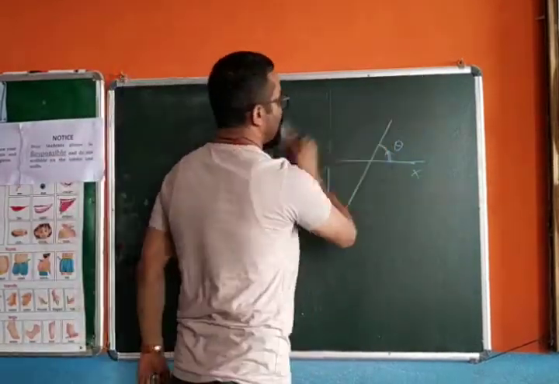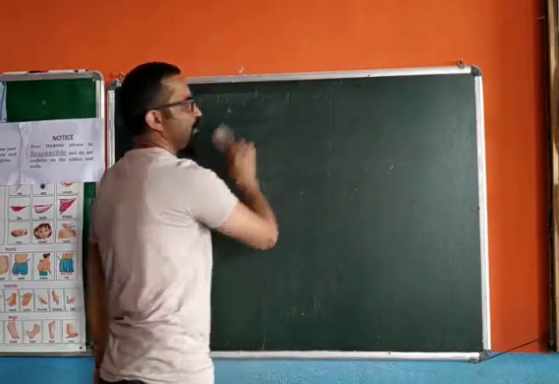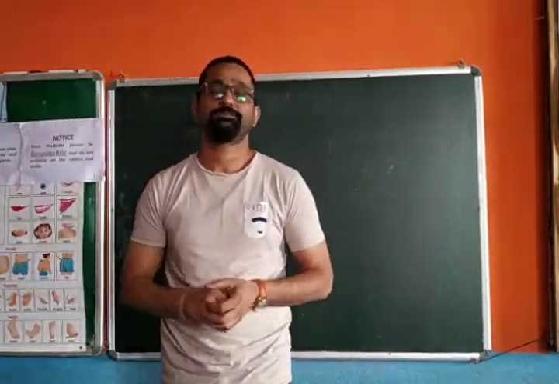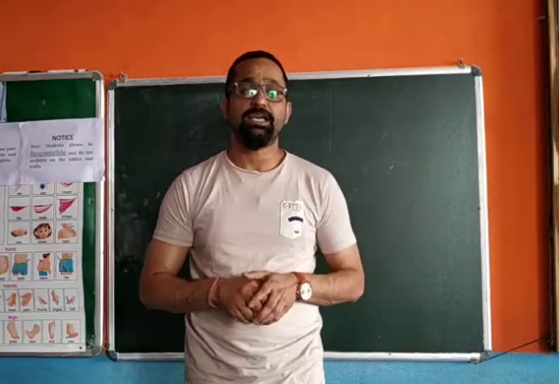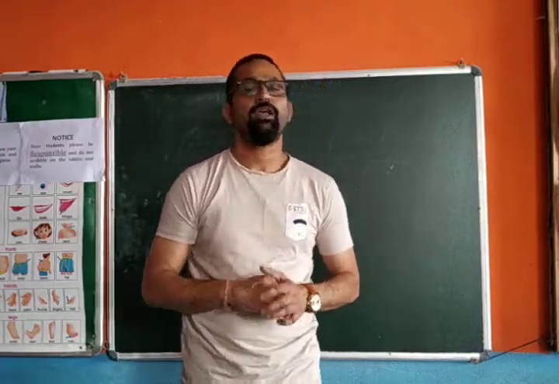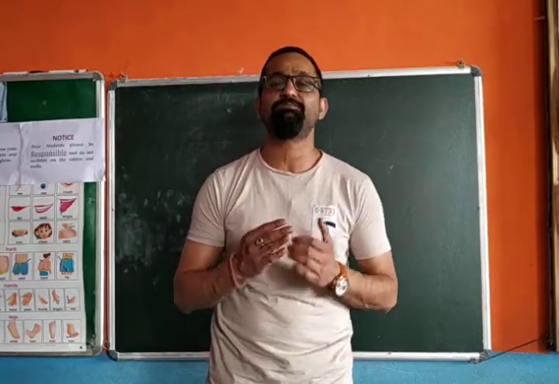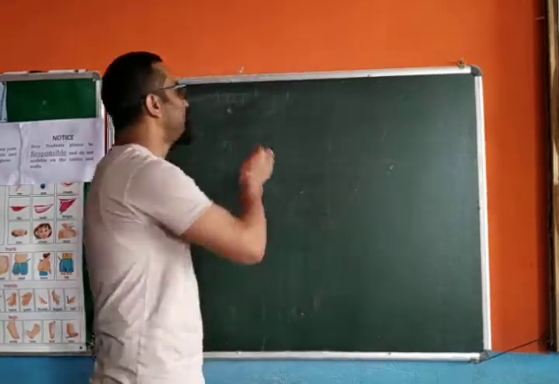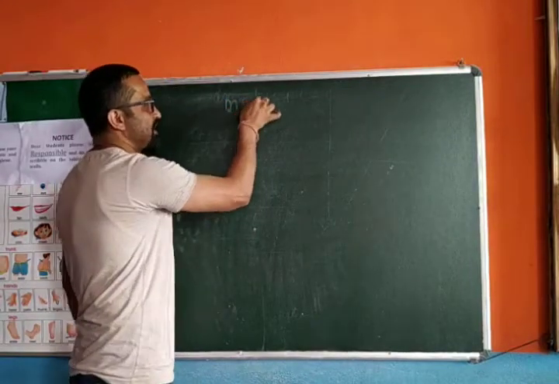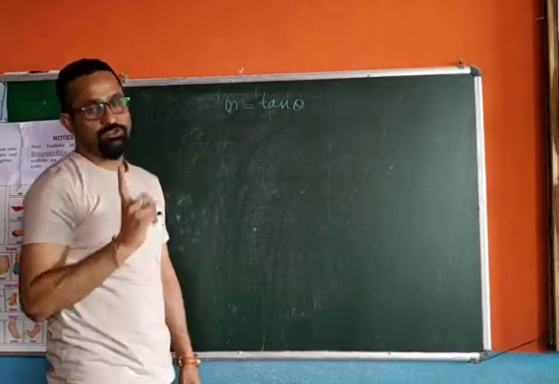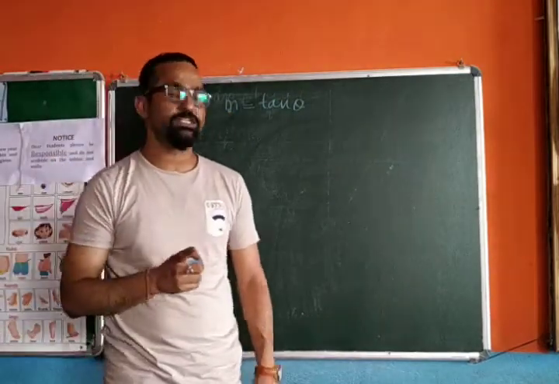Second one is slope of the line. If theta is the angle of inclination, then slope or gradient of the line is given by the formula m equal to tan theta. M stands for slope or gradient.